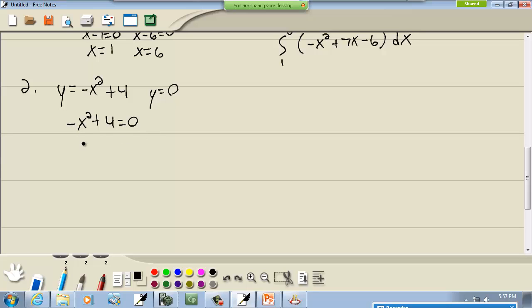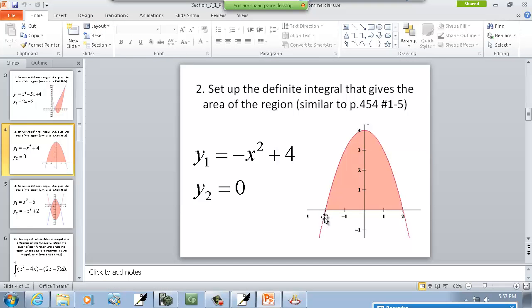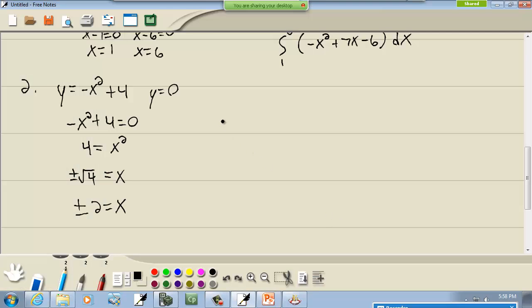I'm going to take negative x squared to the right side. It becomes a positive x squared. Square root property: drop the squared off and put a plus or minus square root around the other side. Well, square root of 4 is 2, so we get x is equal to plus or minus 2. No big surprise. It'll look like negative 2 and 2, but you don't know for sure. It might be 2.01. So that's why it's good to find it, even if you can visually see that, because you never know.